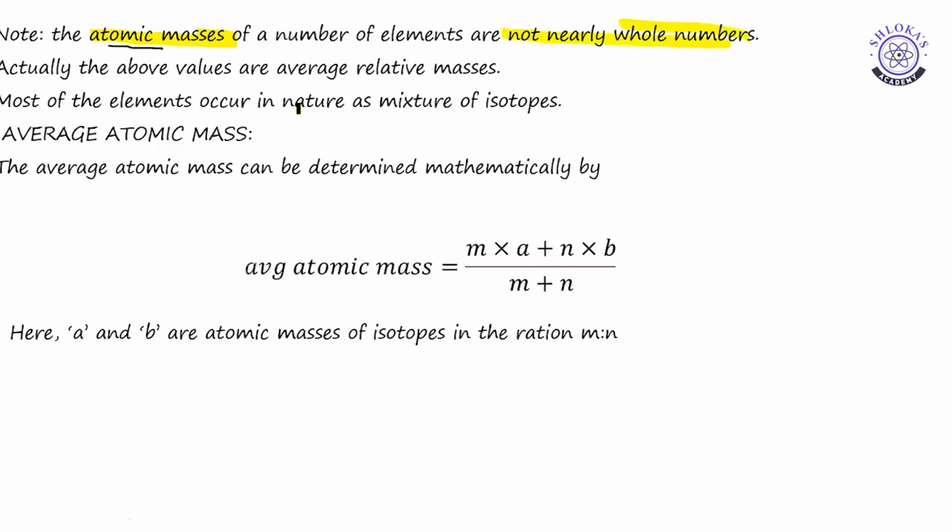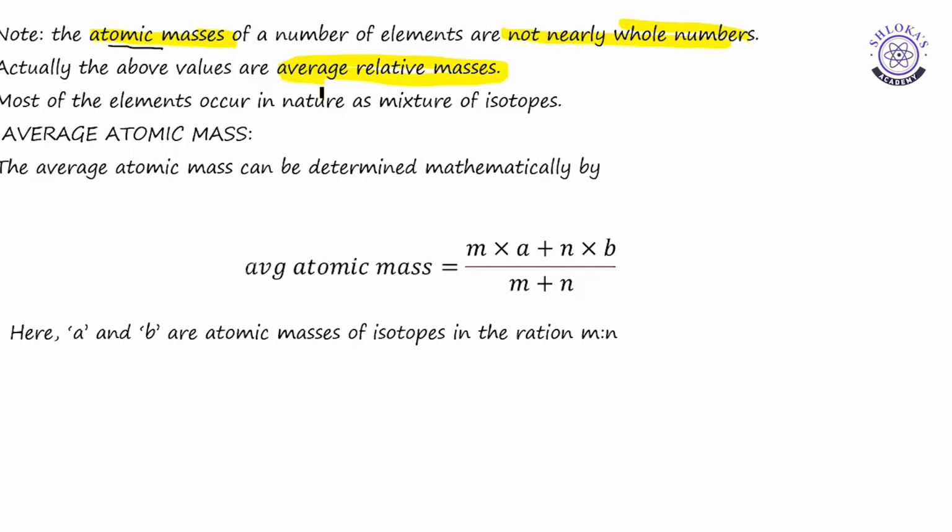Why? Because whatever atomic masses we have written for hydrogen or chlorine are not actually real atomic masses. They are really average relative atomic masses. Okay, fine. How to find out these average relative masses?